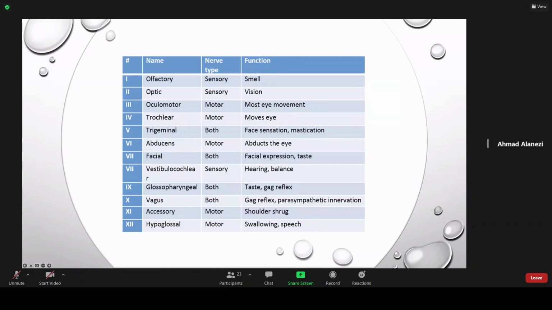If you pay attention here, there are 1, 2, 3 only pure sensory nerves, which are olfactory, optic, and vestibulocochlear. And there are how many? 1, 2, 3, 4, 5 mainly motor nerves. And trigeminal, facial, glossopharyngeal, vagus conduct both sensory and motor functions.